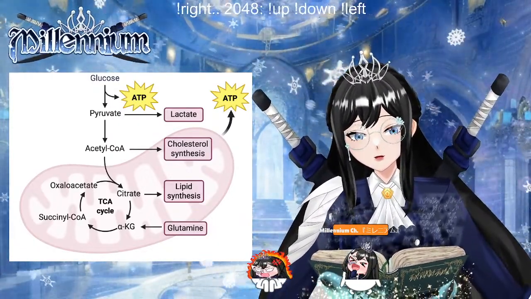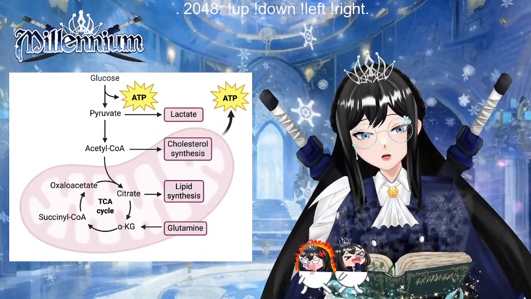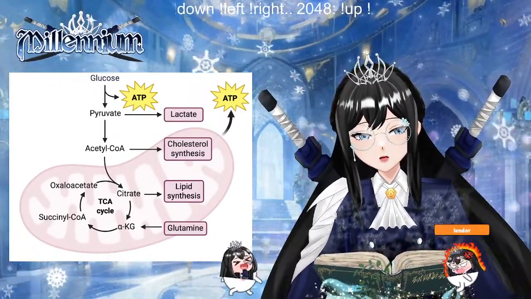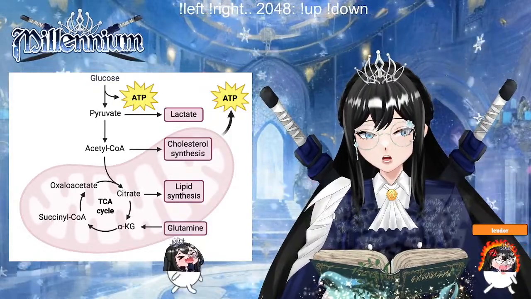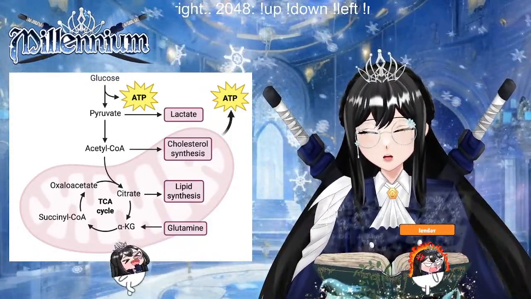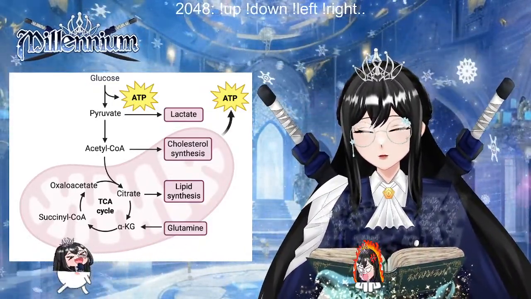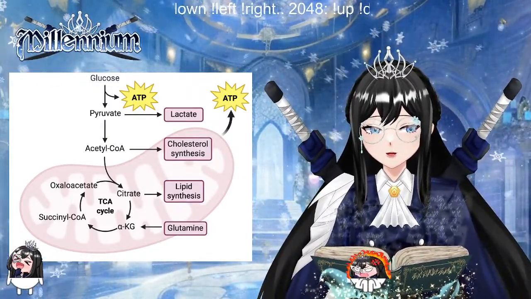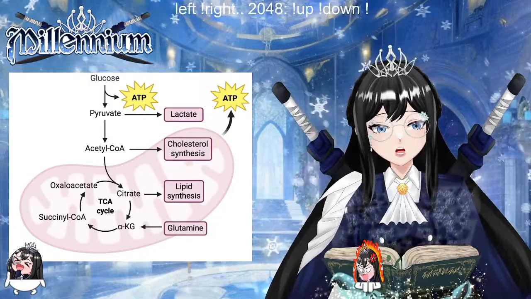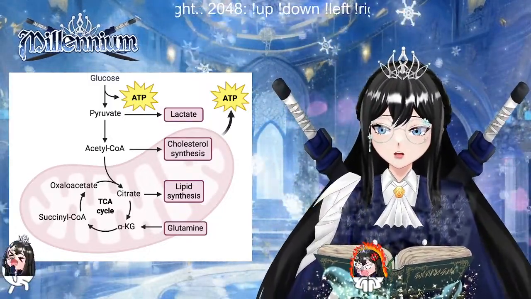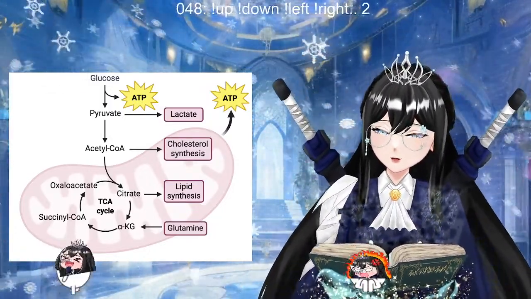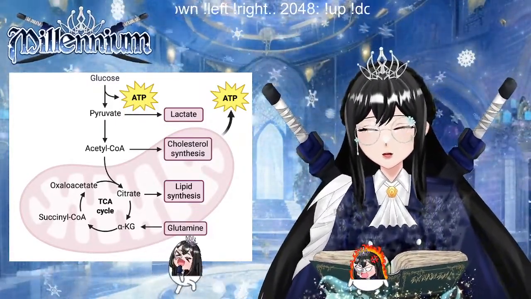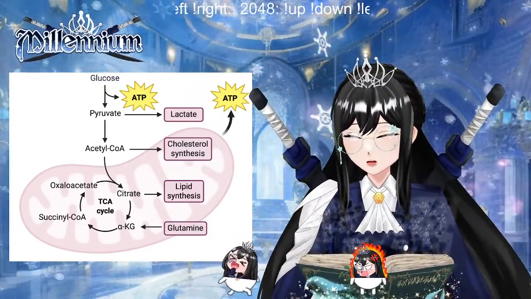So let's start again. Glucose, using ATP, becomes glucose 6-phosphate. After that, fructose 6-phosphate, then fructose 1,6-bisphosphate. Break that up into G3P and DHAP. DHAP converts into G3P.